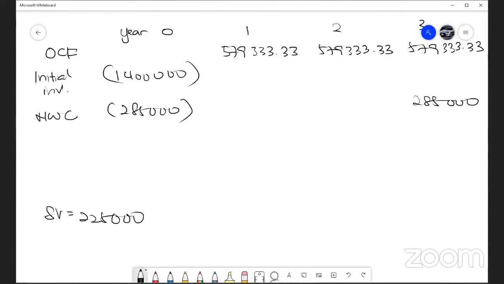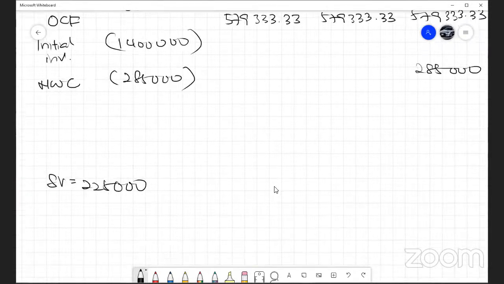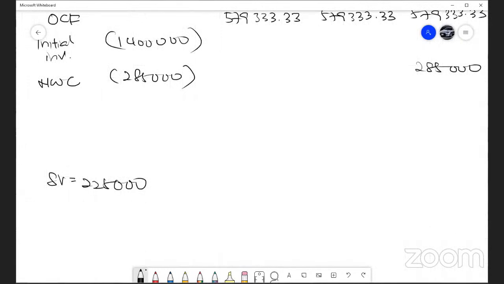So what is the calculation for this? This one is in the 3rd year, and you need to include it here. We call it the after-tax salvage value. So what is the after-tax salvage value formula? It's very easy.